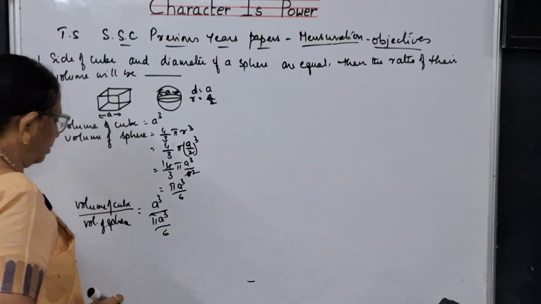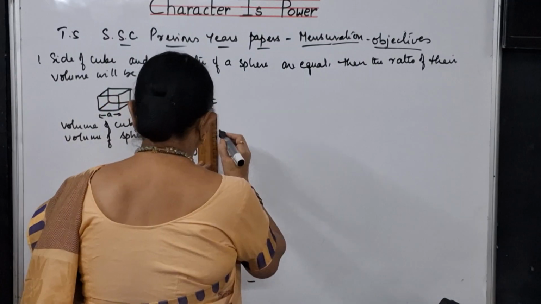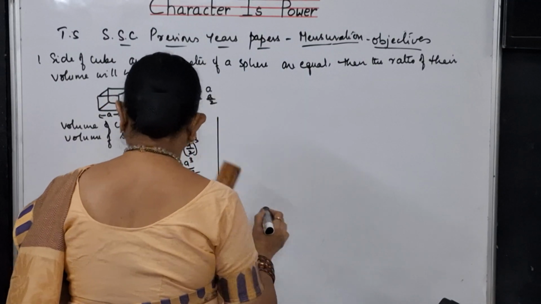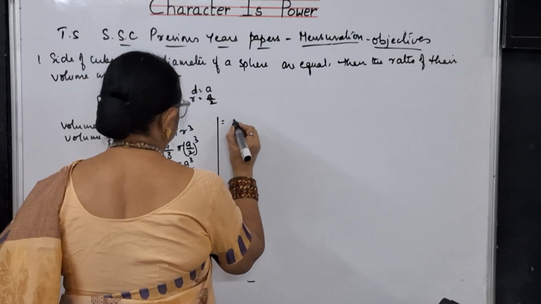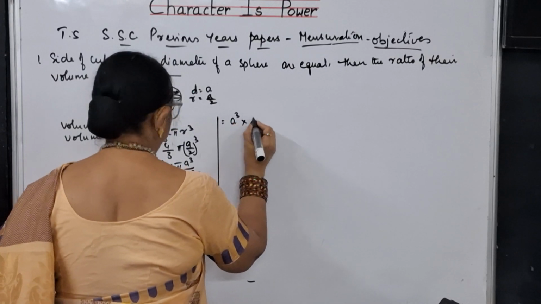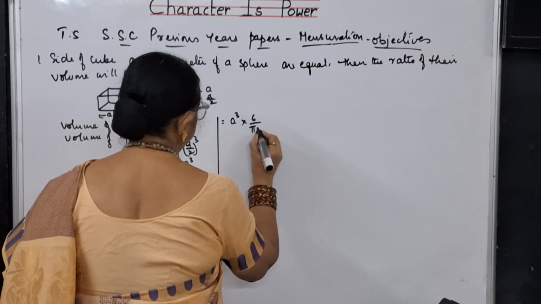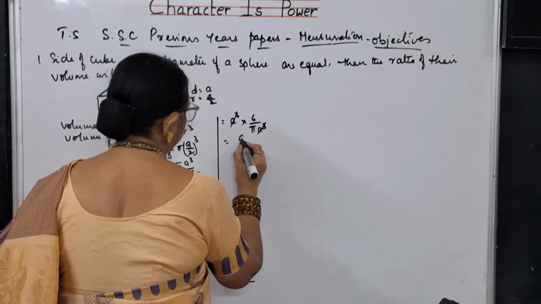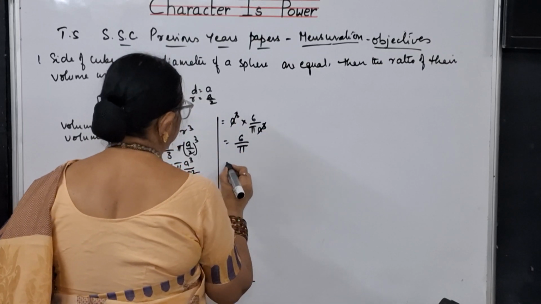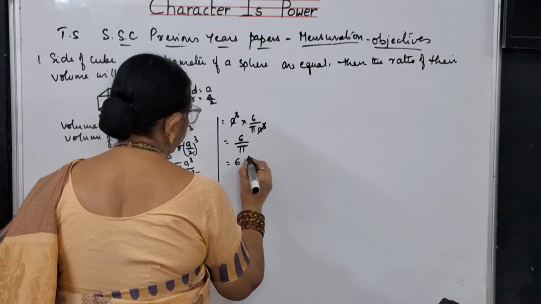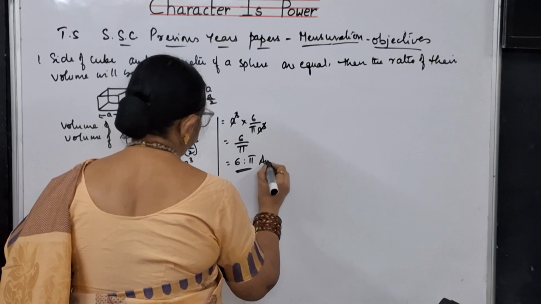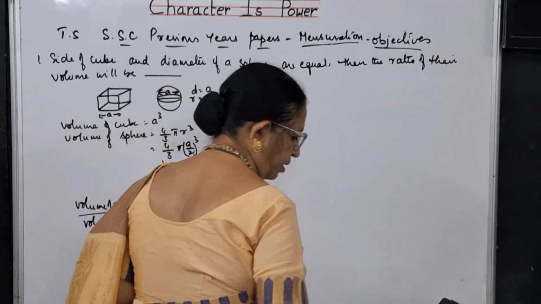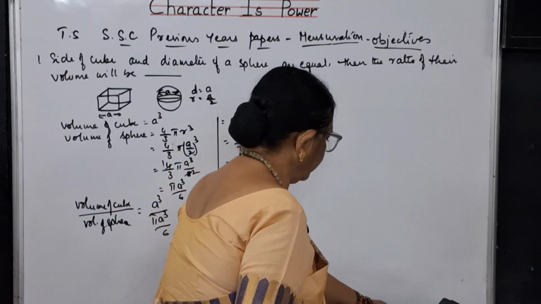That means you can even write it as a cube into 6 by pi a cube. So a cube and a cube will get cancelled. 6 by pi, you will be getting the answer: 6 is to pi. This is the answer for this problem, children.